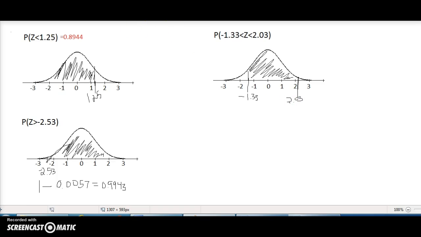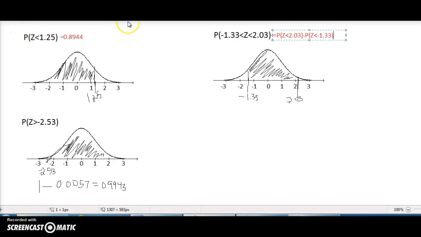So, like I said again, we are first going to find the area to the left of 2.03. So what we can do is put equals probability of z being less than 2.03. But we also have to keep in mind we have to then subtract what's to the left of negative 1.33. So we're just going to minus the probability of z less than negative 1.33.